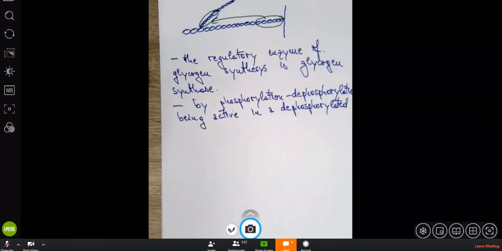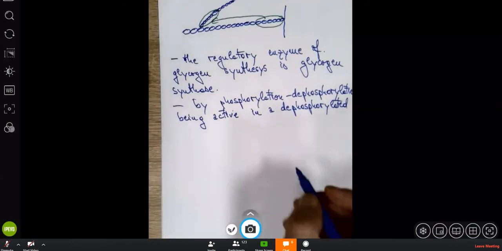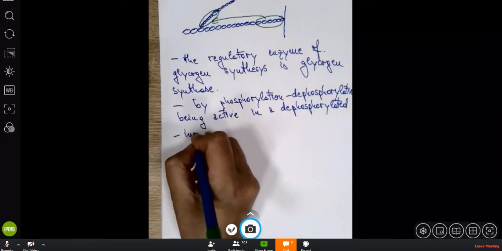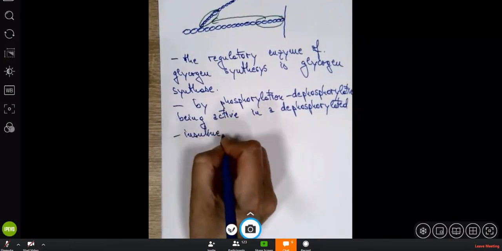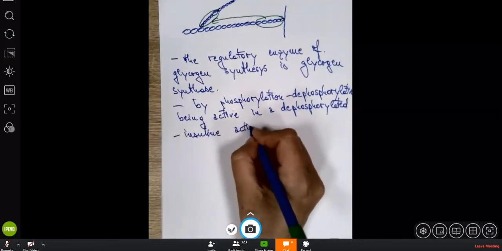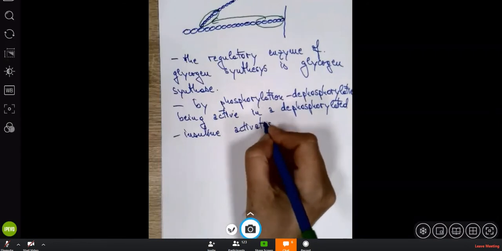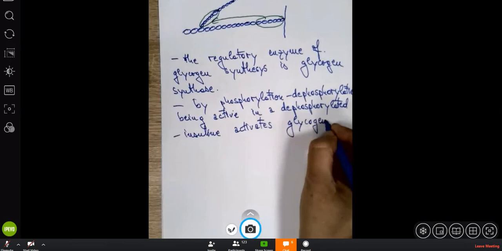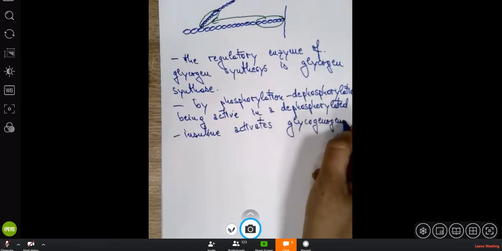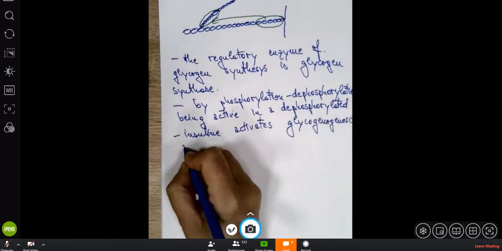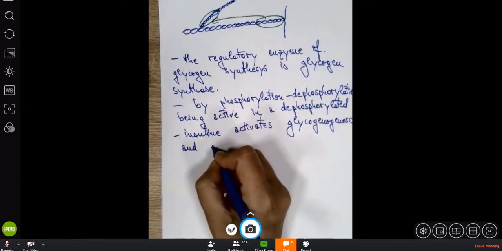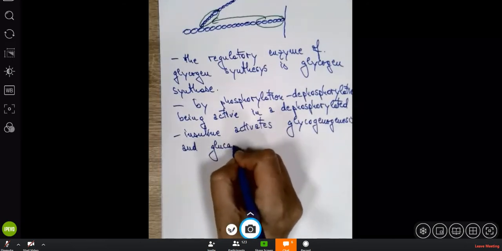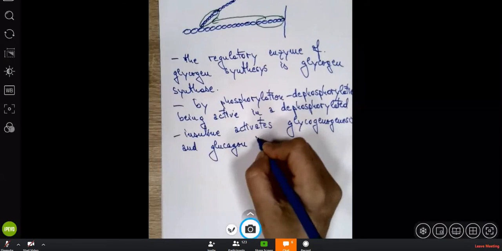So insulin activates glycogenogenesis and glucagon inhibits it.